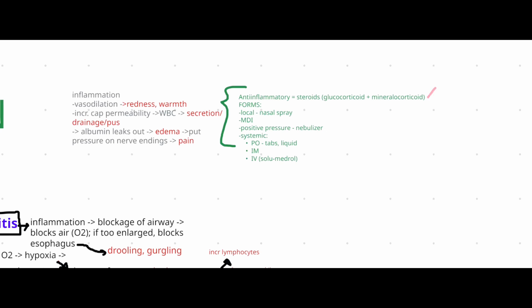They have the moon face, their buffalo hump, which is like a fatty area in the back. They're going to have weight gain because of the fluid and the increased adipose tissue. Why do they have a lot of adipose tissue? Because they have a lot of sugar. Why do they have a lot of sugar? Because of the glucocorticoid, right? And they're going to be at risk for infection, okay? So people who are on long-term steroids will have these issues.